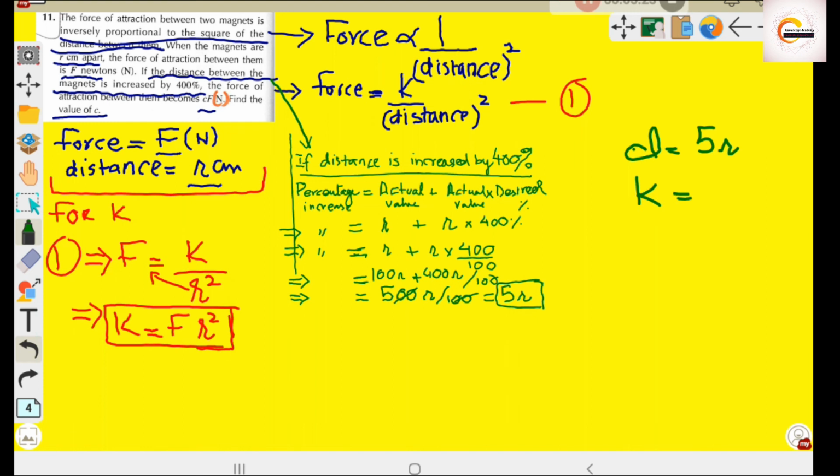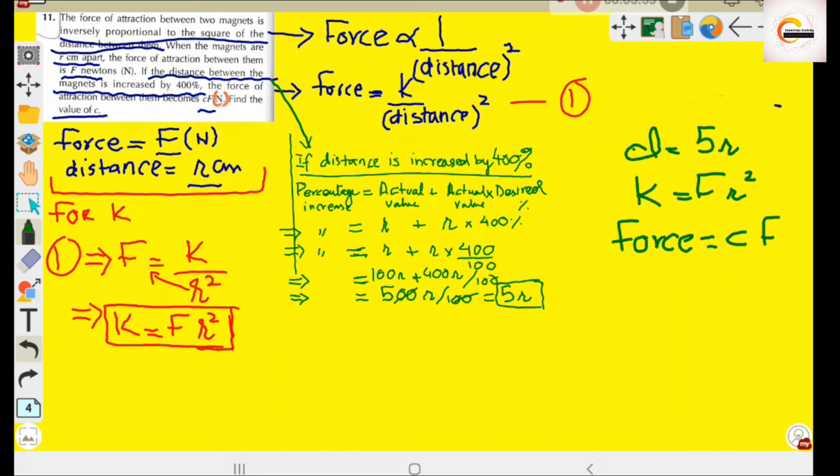K we know is F into R square. Then the force of attraction between them becomes CF. Initially the force was F, through that we calculated the value of K. Now the force is CF, and they have asked to find the value of C. Very simple.